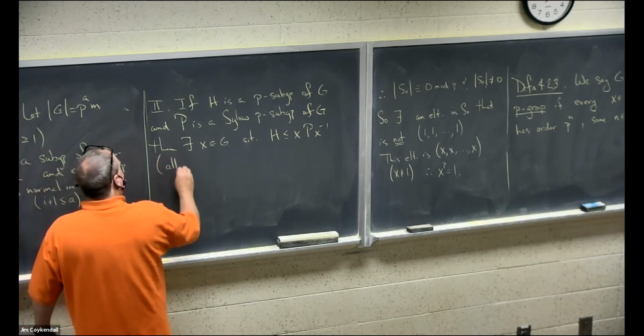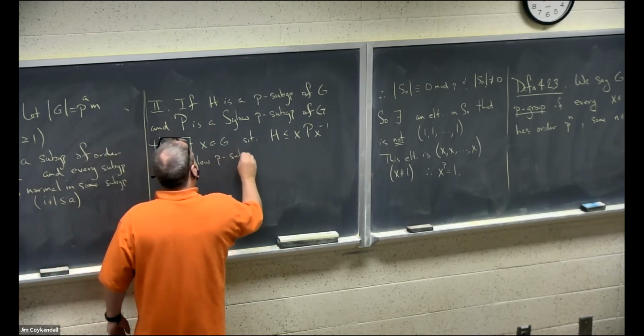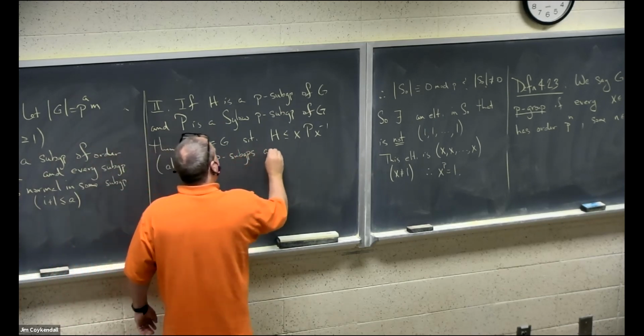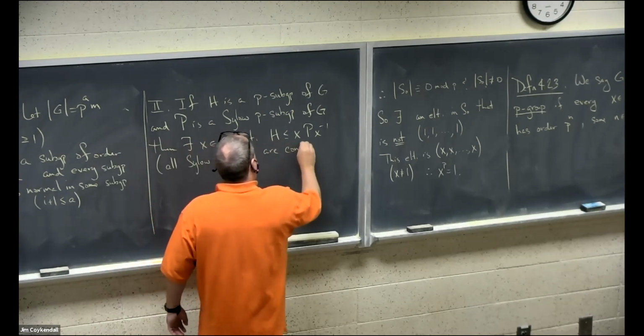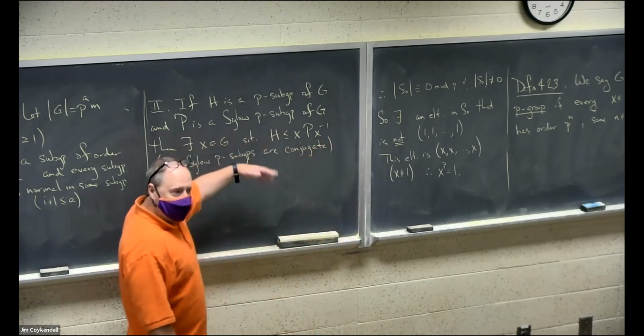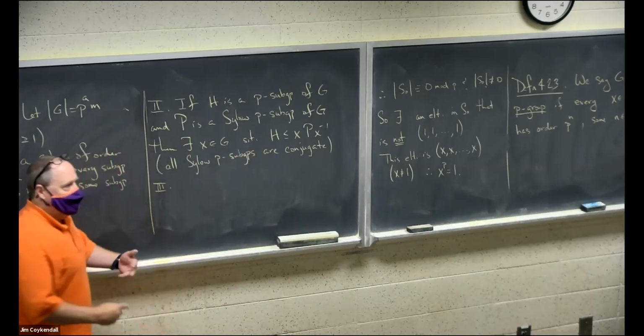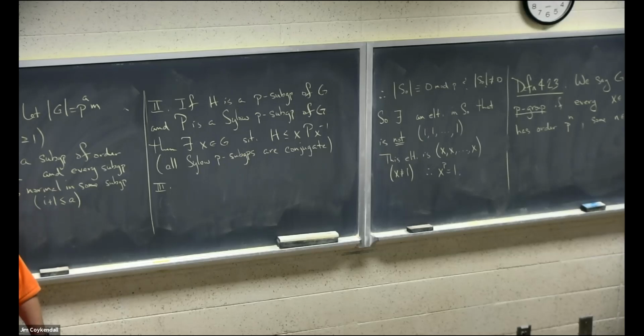So all Sylow P subgroups are conjugate. Because just take H to be a Sylow P subgroup, that means any pair of Sylow P subgroups, one of them conjugates the other one. Sounds like transitivity to me.